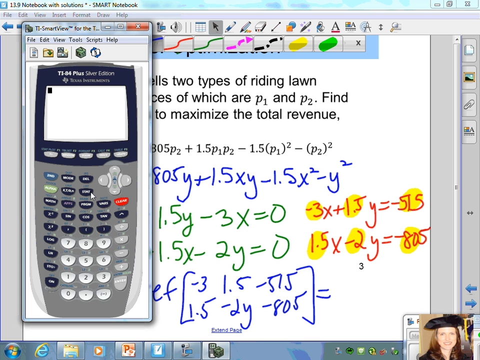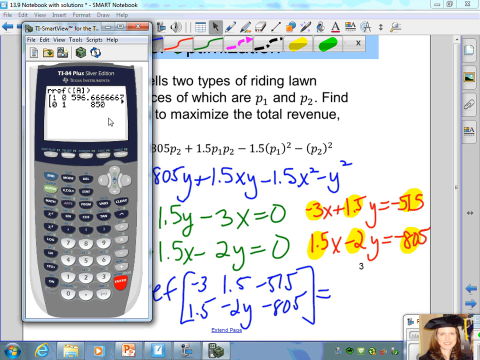Oops, went too fast there. Second matrix, go back to the math menu and enter the RREF command, and then go back to the matrix menu and enter the name of the matrix you want to reduce, and here we get our matrix.